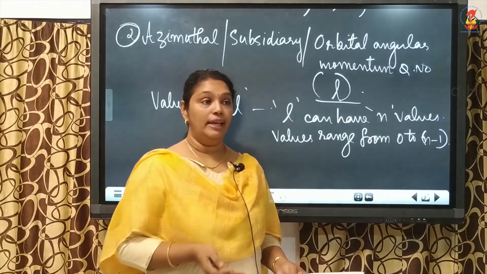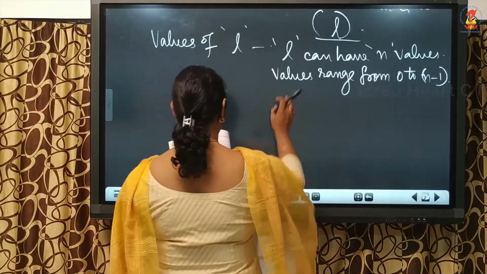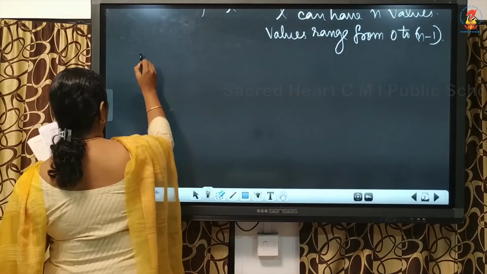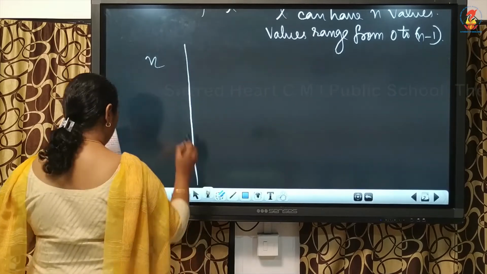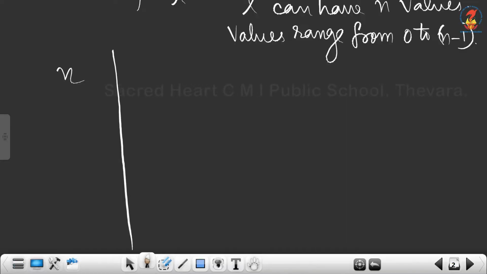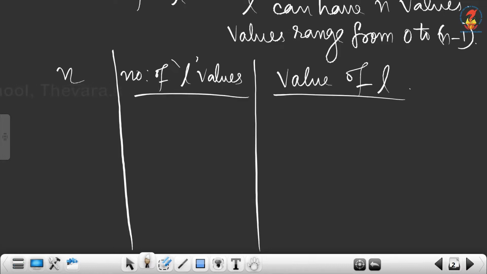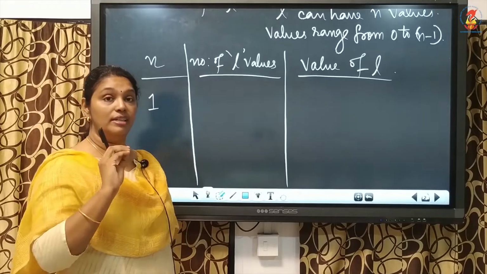Now, again I am going to draw a table here. The first column in the table is the n value, the second column is the number of l values, and the third column is the value of l. So, first let us take n is equal to 1. We know that n values start from 1.